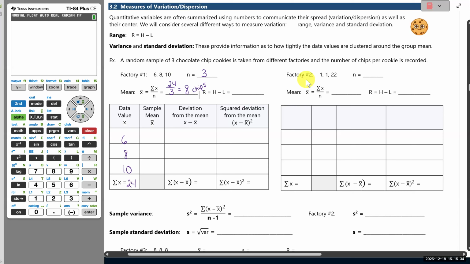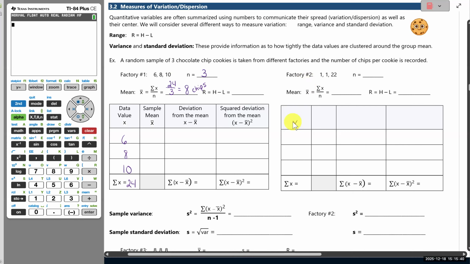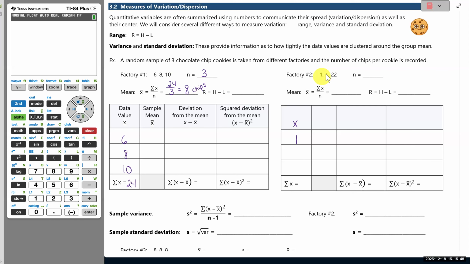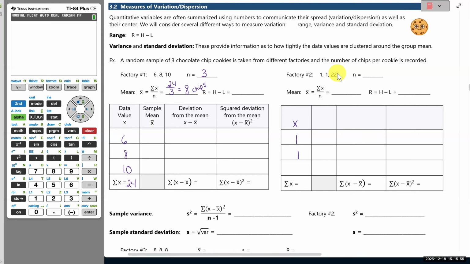For factory number 2, let's keep track of X, the data. This seems like a pretty weird factory because they're making chocolate chip cookies, but their first cookie has 1 chocolate chip, and the second cookie only has 1 chocolate chip. And then the third cookie has 22 chocolate chips.